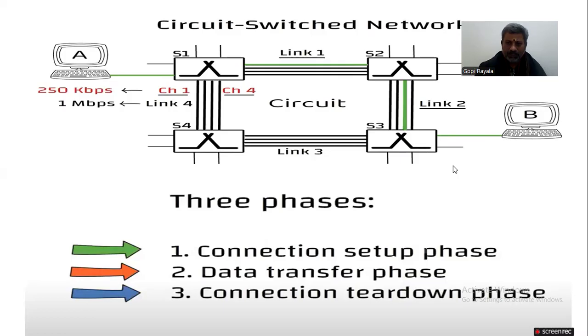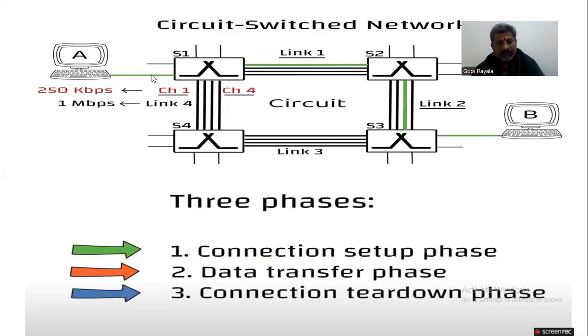Okay. So before that, what I want to tell you about circuit switching, the main property of circuit switching is, once the connection was established, this line will be dedicated to terminal A and terminal B until the data transmission was completed and the connection tear down phase was established.